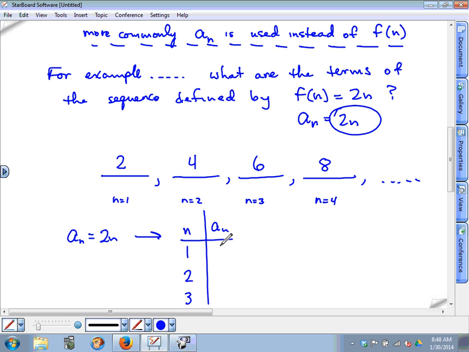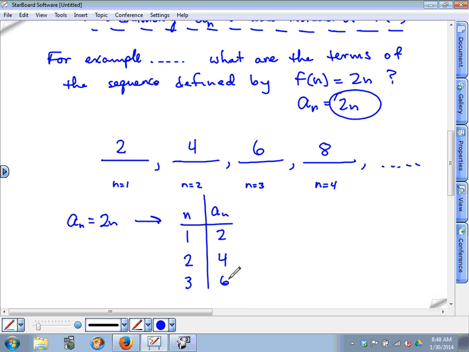If n equals 1, we got 2. If n equals 2, we got 4. If n equals 3, we got 6, and so on and so on. So you can think about these as input-output relationships where the inputs correspond to the spot in that sequence. If n equals 1, that's the first spot. If n equals 2, that's the second spot. And these outputs here represent the actual terms of the sequence. Okay?